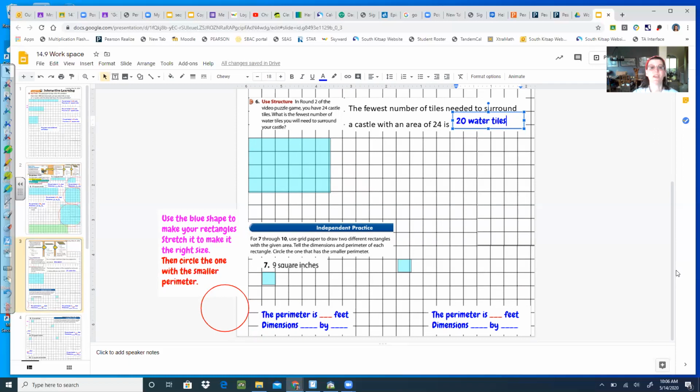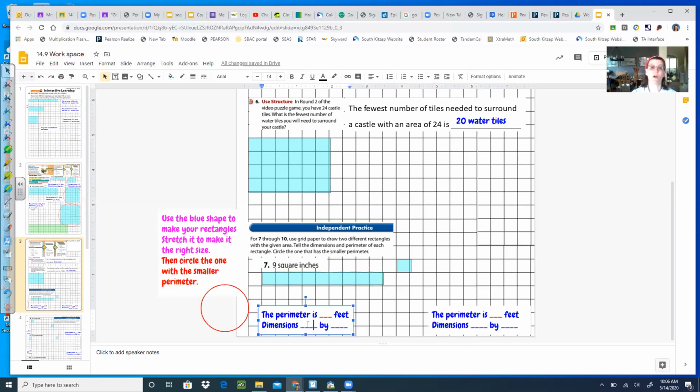So I need to make 9 square inches. So for the first one, I'm going to do the long skinny guy. So I need a 1 by 9. So right now I've got 1, 2, 3, 4, 5, 6, 7, 8, 9. Okay, so that has 9 square tiles.